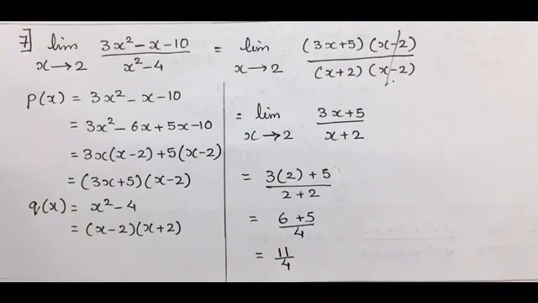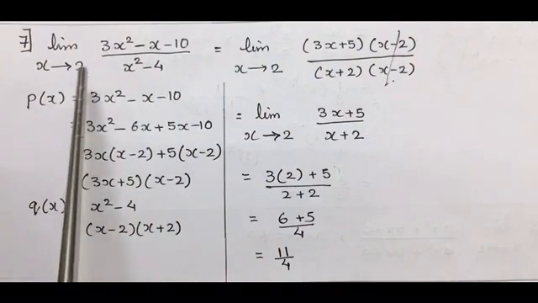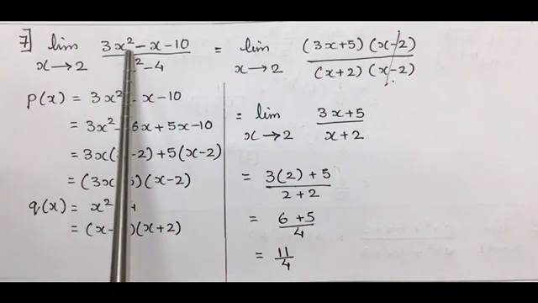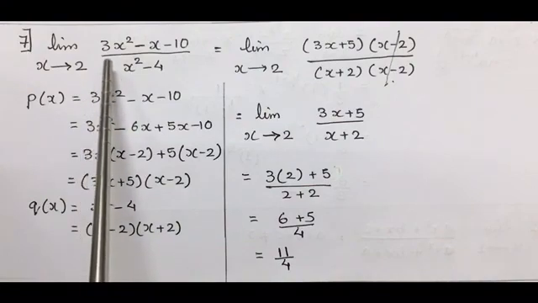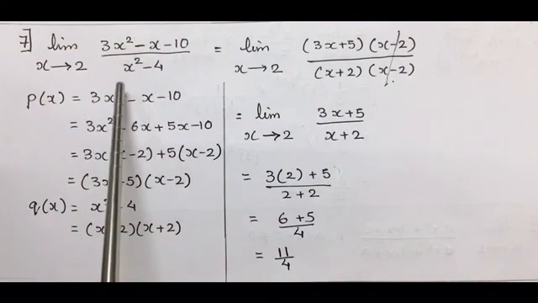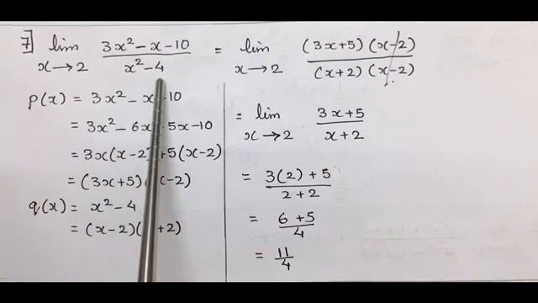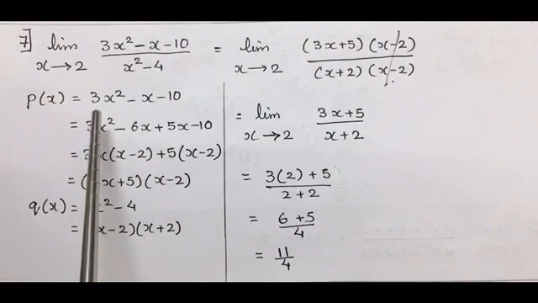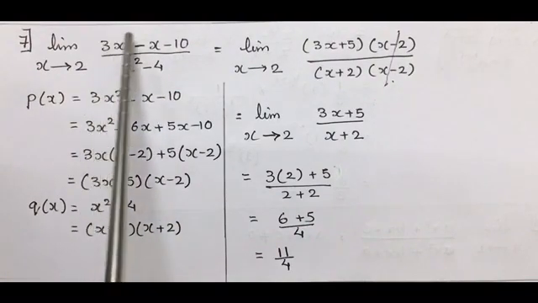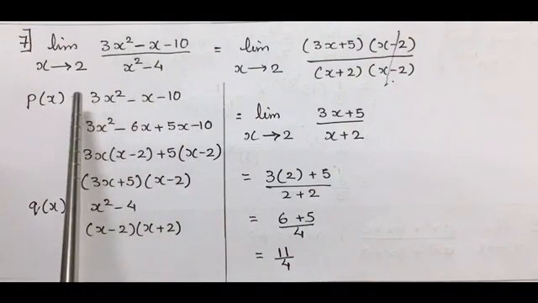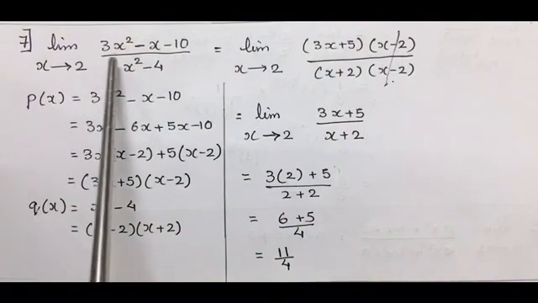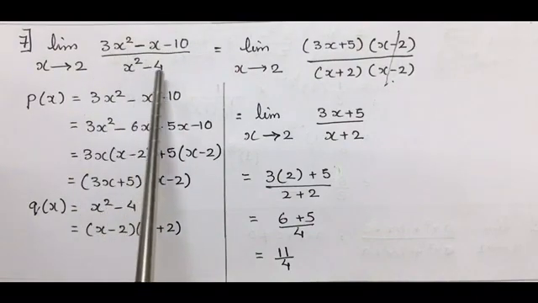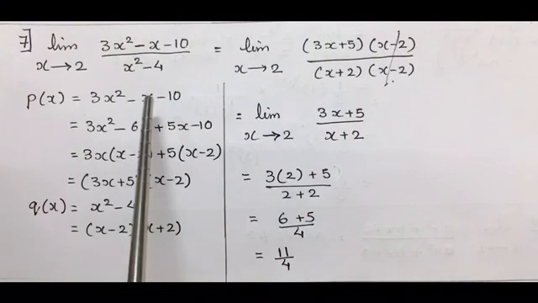Example number 7 is limit x tends to 2, 3x square minus x minus 10 divided by x square minus 4. Now in such type of questions, we cannot keep the value of x directly as 2 and calculate the answer.